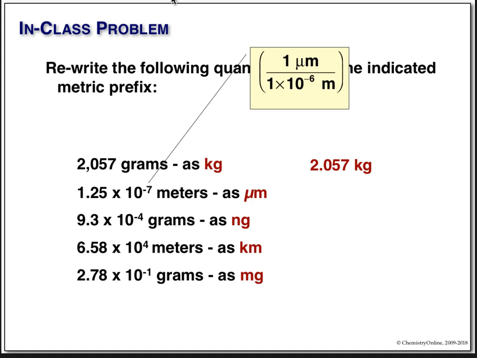That ratio would work. Remember, we need meters in our denominator because given has units of meters. The symbol micro stands for 10 to the minus 6, so it just really makes sense, doesn't it? Multiply it out, multiply this by a ratio, and you should get about 0.125 micrometers.